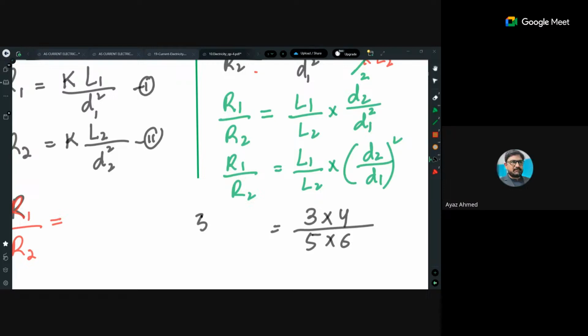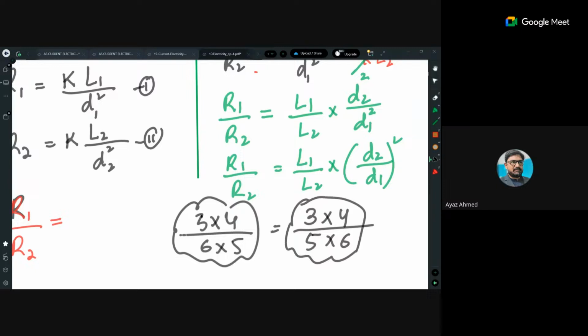It will give you the same number as 6 into 5. Right. What is it called? It is the commutative property of multiplication.